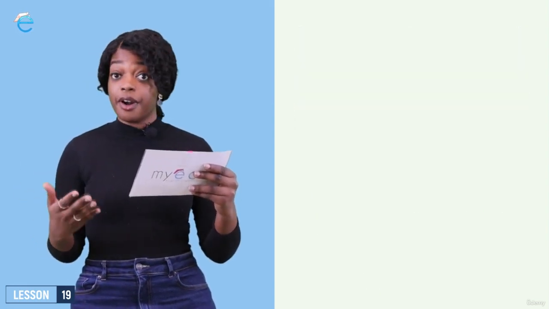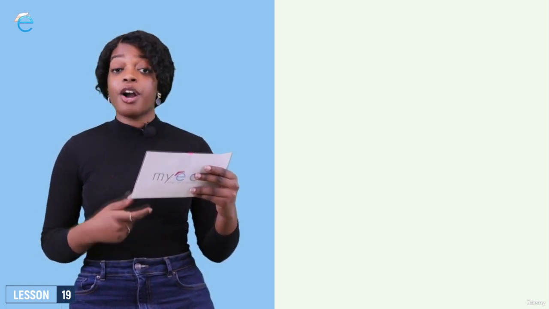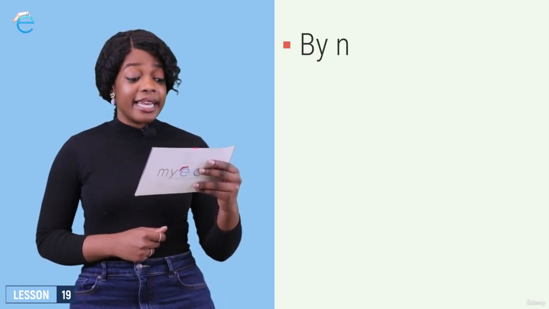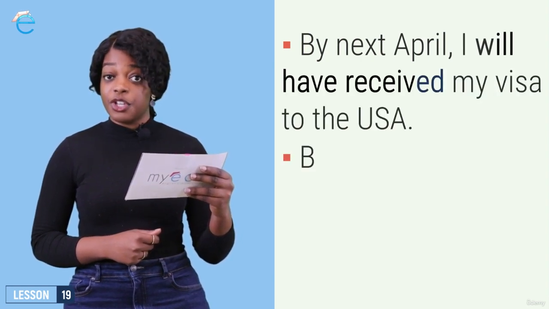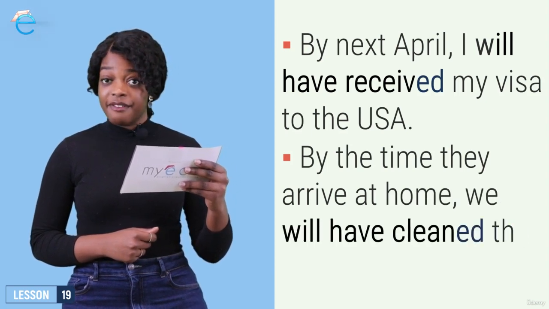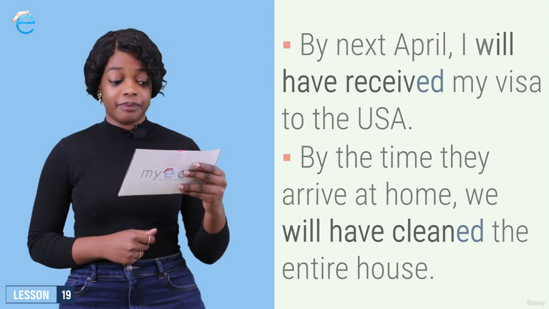Time words like by the time, before, by then, when, in a few years' time are very popular with future perfect tense. For example, by next April, I will have received my visa to the USA. Or, by the time they arrive at home, we will have cleaned the entire house.